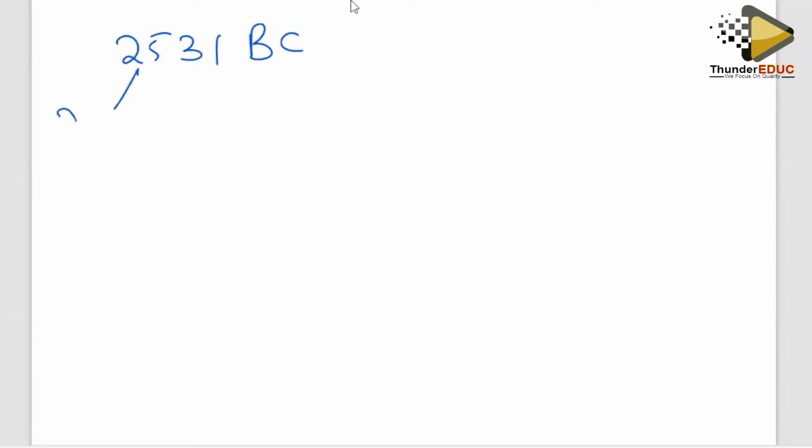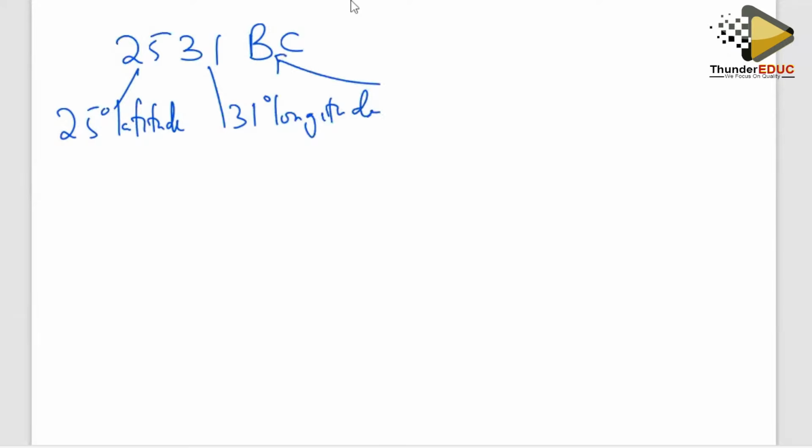This represents 25 degrees latitude, and this represents 31 degrees longitude. And the bigger block subdivision, and this is our smaller block subdivision.